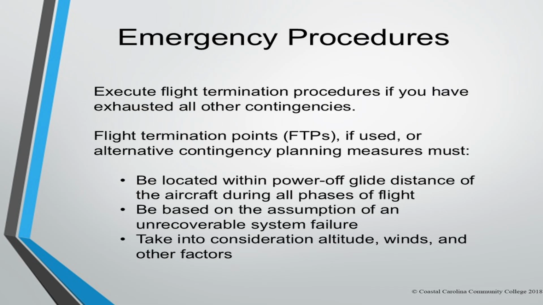Emergency flight termination points, if used, or alternate contingency planning measures must be located within the power off glide distance of the aircraft during all phases of flight. Well, I can tell you the drone has zero glide distance. They must be based on the assumption of an unrecoverable system failure and consider altitude, winds, and other factors.